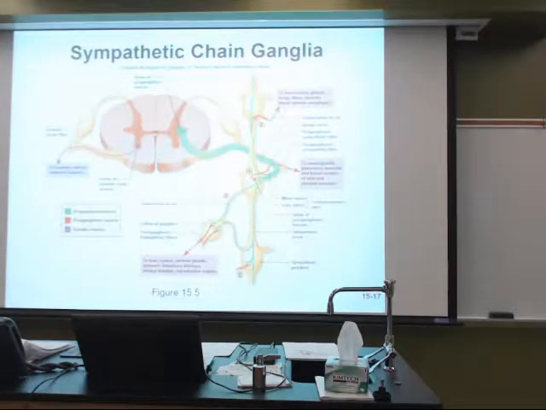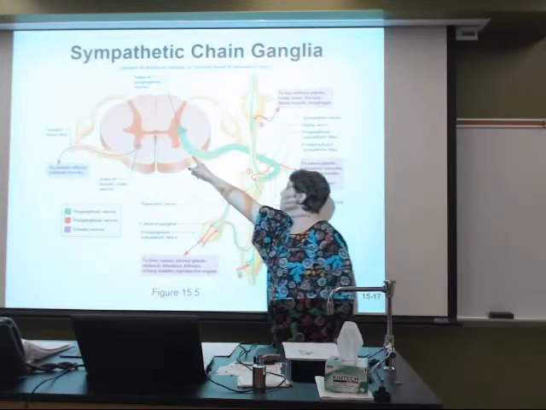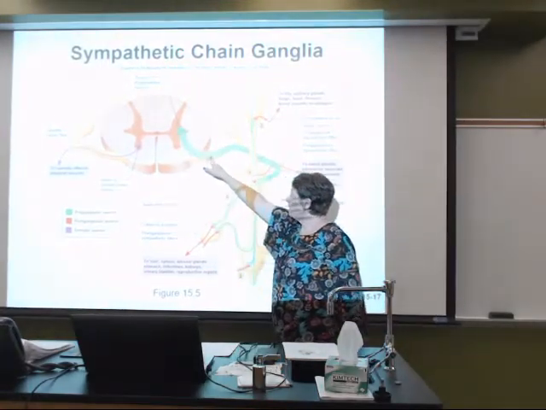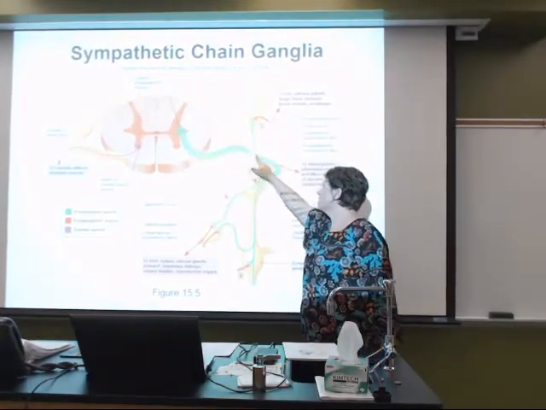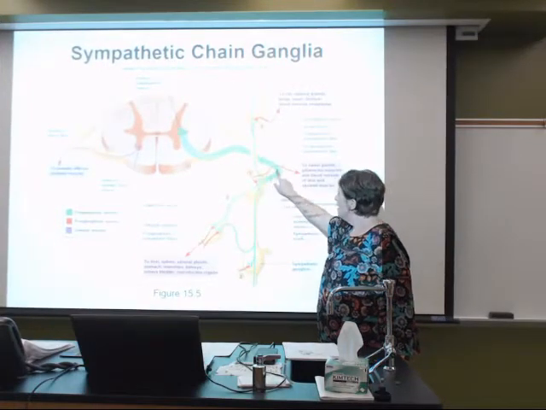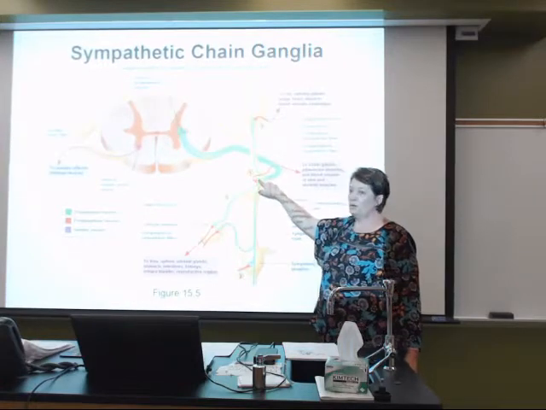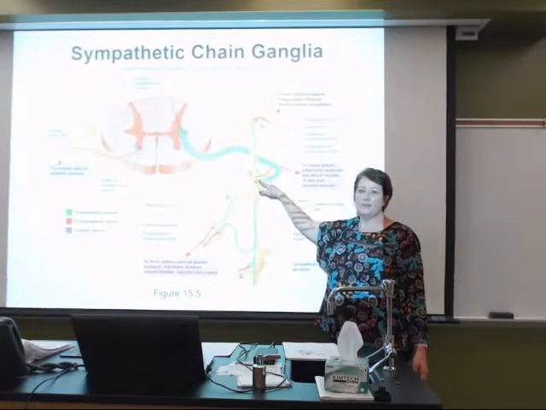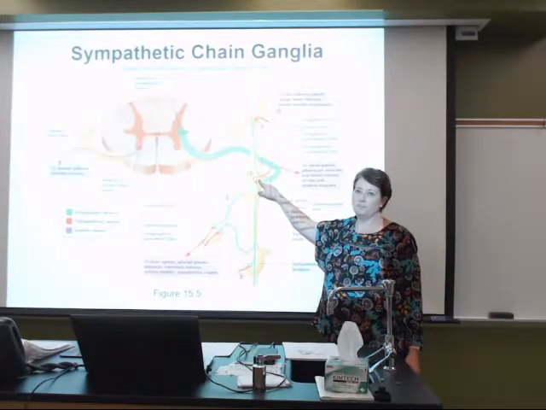Now let's look at the third one. So the two routes: one traveling up and down the chain, one not synapsing in the chain, going to a collateral ganglia. The third route, let's take a peek. Let's follow the fiber. Once again, by way of the rami. And then this one, boom, synapses right there in the chain.